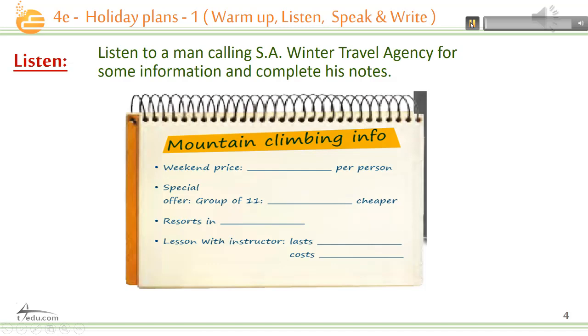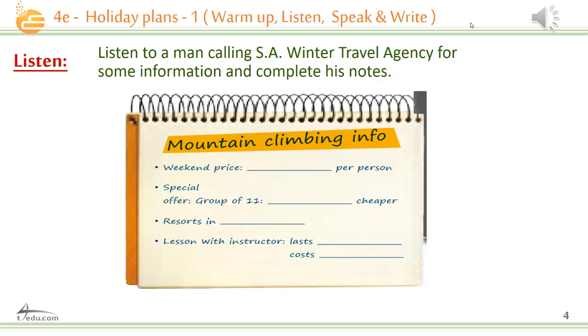4E, Holiday Plans. 2. Listen. Listen to a man calling SA Winter Travel Agency for some information and complete his notes. SA Winter Travel Agency, Amir speaking. How can I help you? Hello.